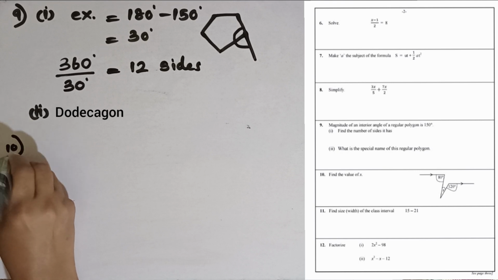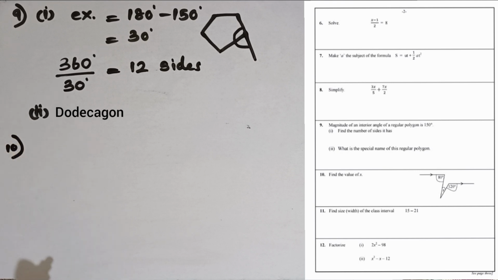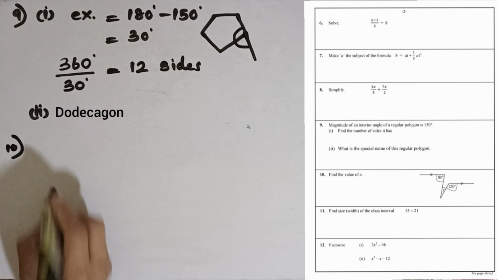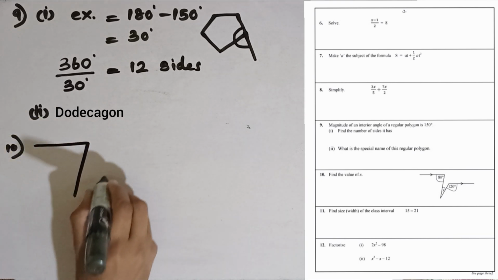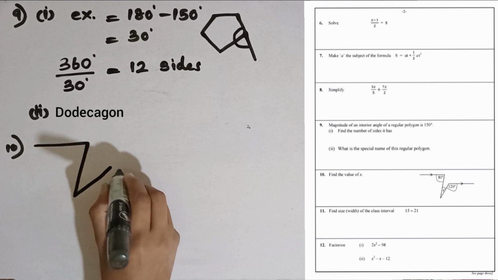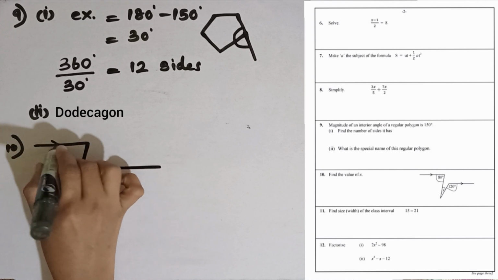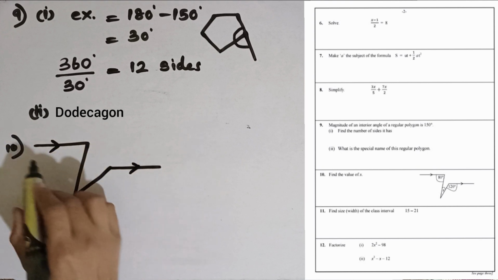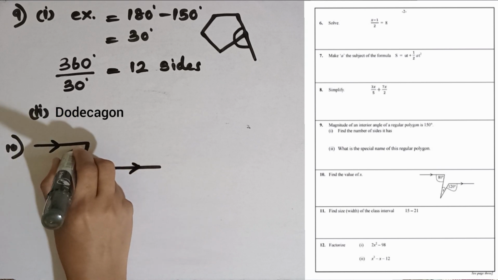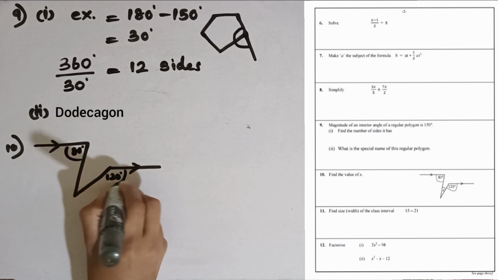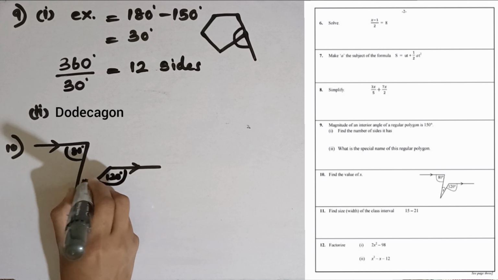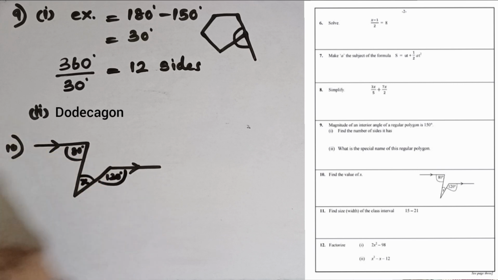Then question number 10. Find the value of x. I will draw the diagram. This is the diagram given for us. These two lines are parallel. Then this is 80 degrees. This one is 120. This is x. Now how to find the value of x?